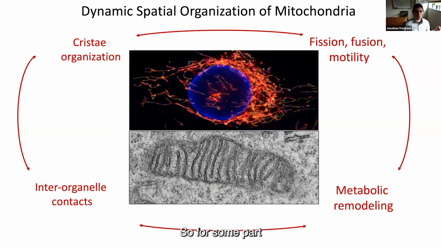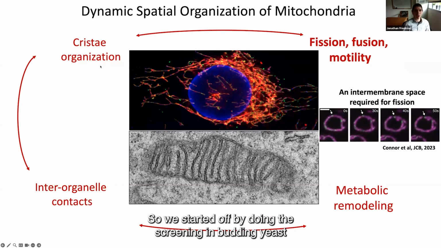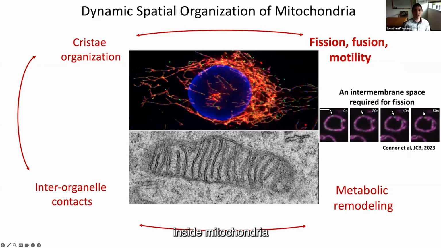So part of the lab is really interested in cristae organization and MECOS. But by looking at MECOS, we've really stumbled onto these mitochondrial dynamics pathways. We started off by doing a screen in budding yeast, looking for factors that affect MECOS localization, and we stumbled across this protein that sits inside mitochondria and is actually required for the fission of the organelle.